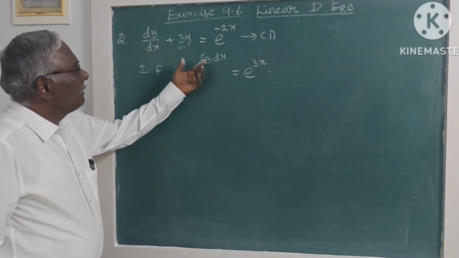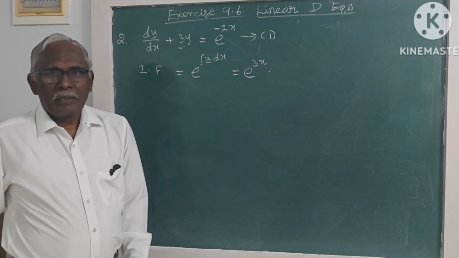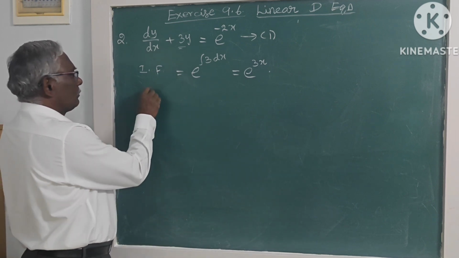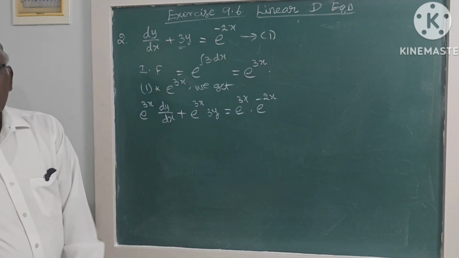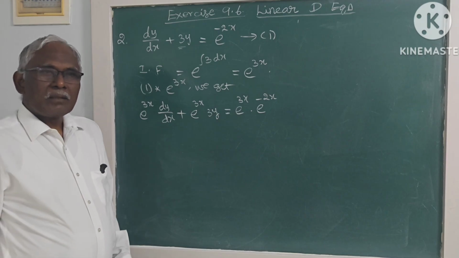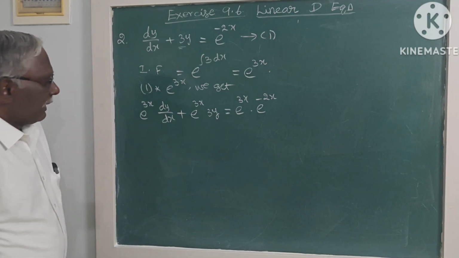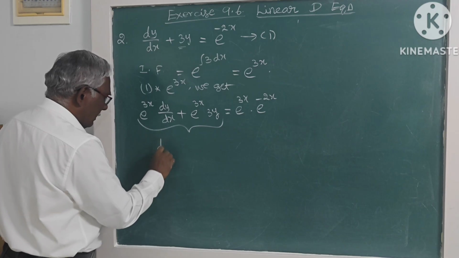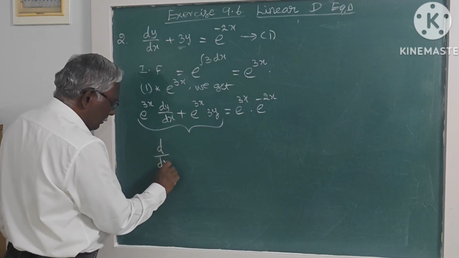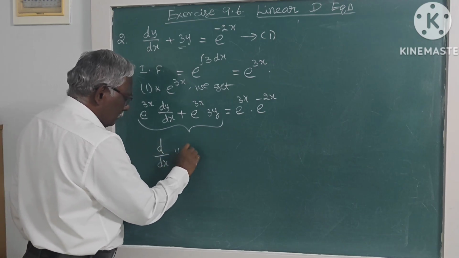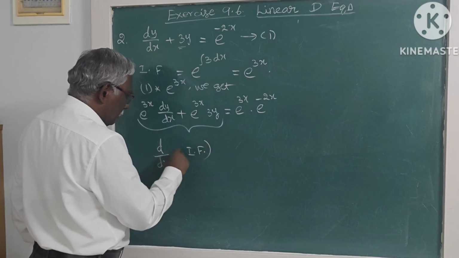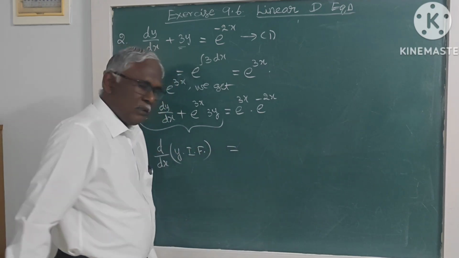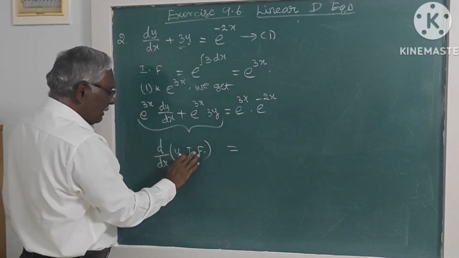Now multiply equation 1 by the integrating factor. Now the left hand side becomes d by dx of y into integrating factor. Integrating factor is e power 3x.